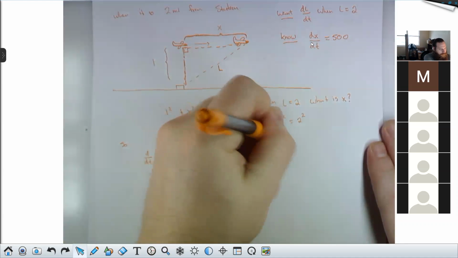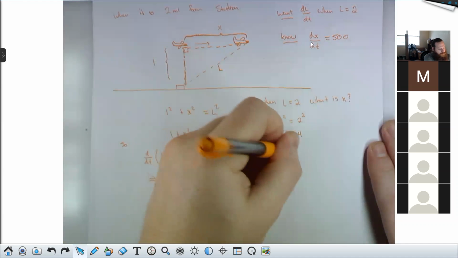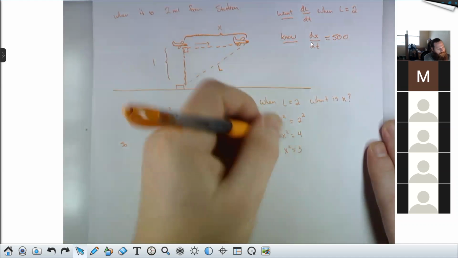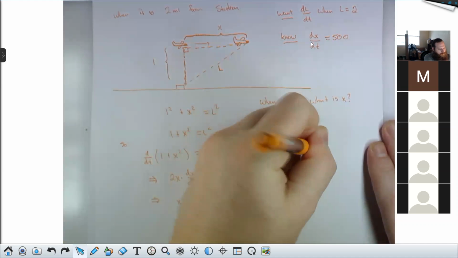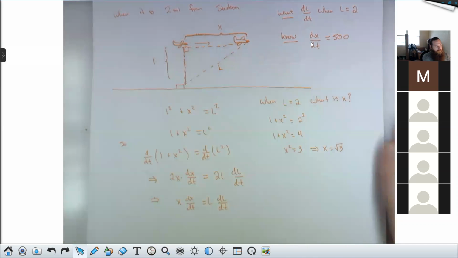So this is the same as saying 1 plus x squared equals 4. So x squared would be 3, which means x is going to be the square root of 3. I'm taking the positive square root here because I know x is a distance. It wouldn't make sense to say x is negative. The plane is flying in this direction. So when L is 2, x is root 3.